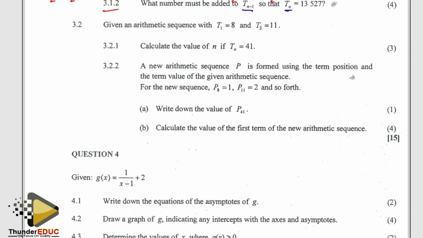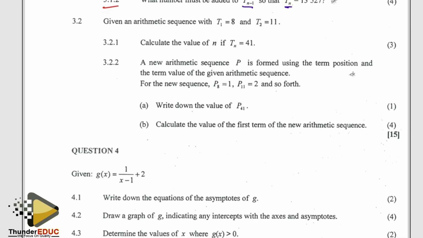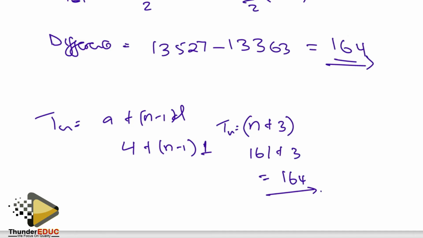3.2, they are telling us that we are given an arithmetic sequence with T1 as 8, T2 as 11. They want us to calculate the value of n if Tn is 41. So this is more like a simultaneous, if I may say that, because if T1 is 8 and T2 is 11, we know from an arithmetic sequence a plus n minus 1 into d.